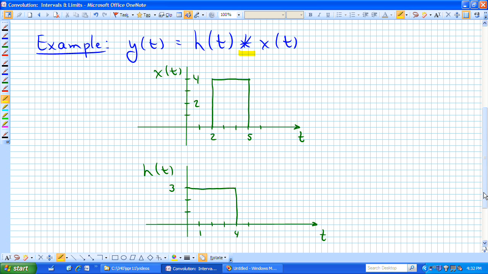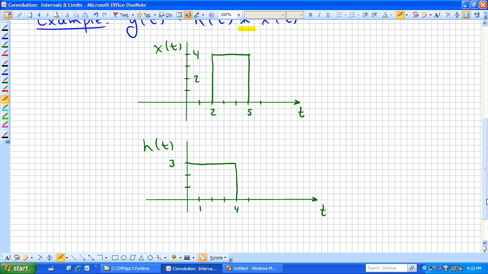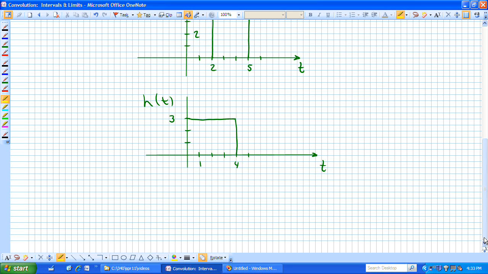I'm going to go ahead and flip and slide x of t, and that will make my limits on this flipped and slid x a little more complicated, but hopefully it will help us to see what's going on relative to these intervals and limits that I'm trying to drive home.